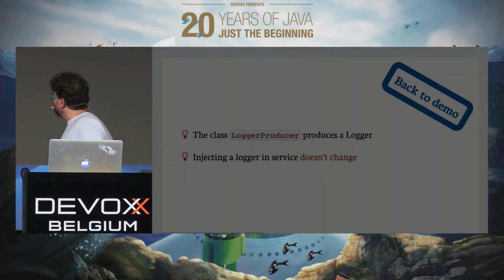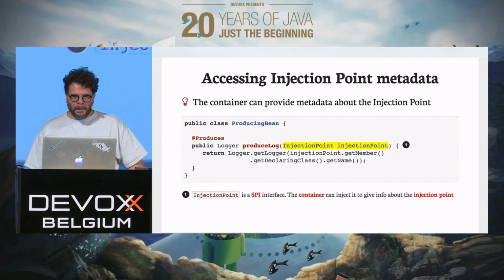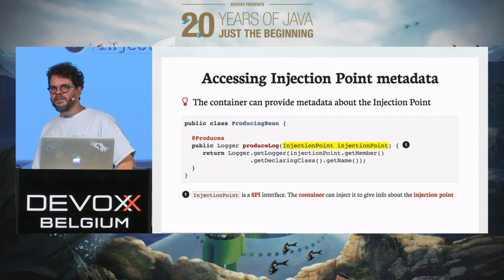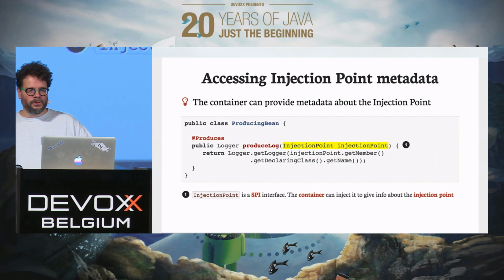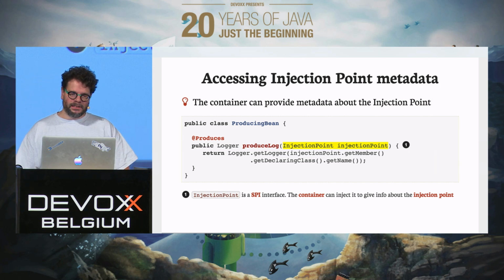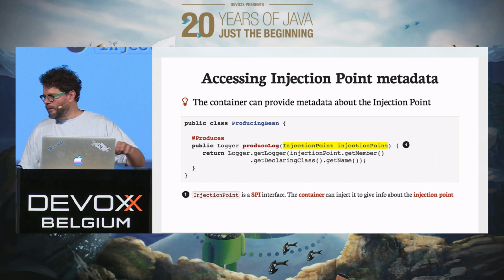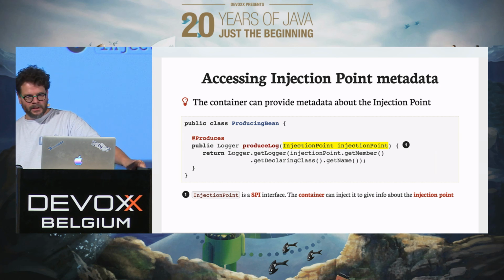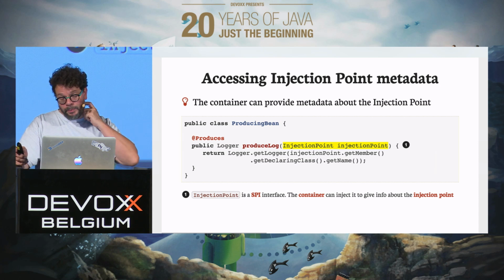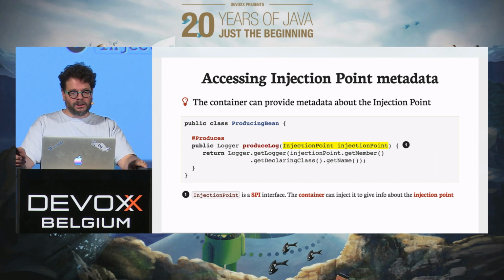So, as I said, you can add parameters to your producer method. And one nice stuff is the possibility to inject metadata about the injection point where the logger was injected. So you've got this SPI interface InjectionPoint, and you can add the injection point as a parameter of your producer.